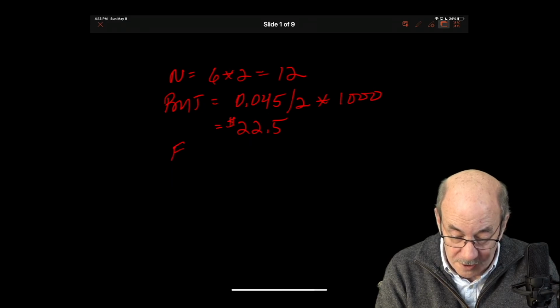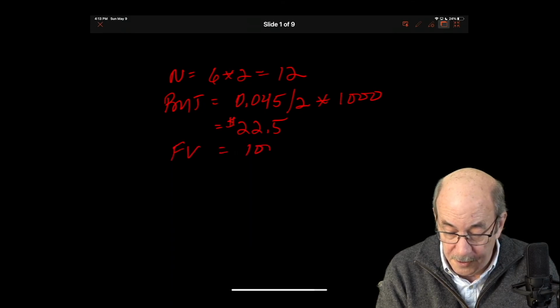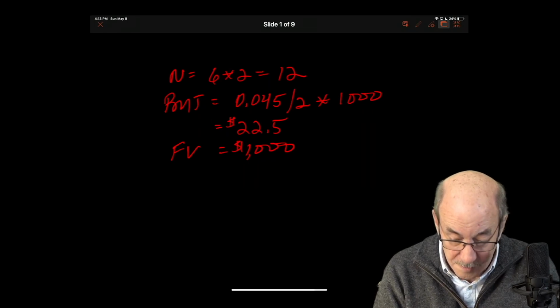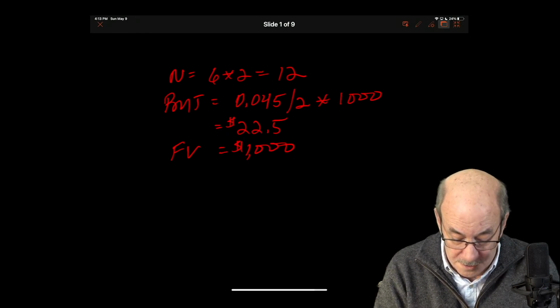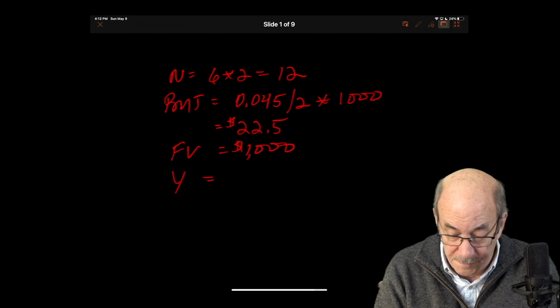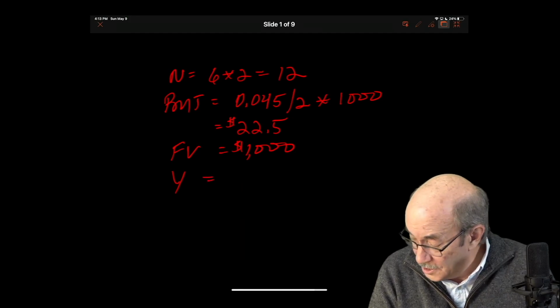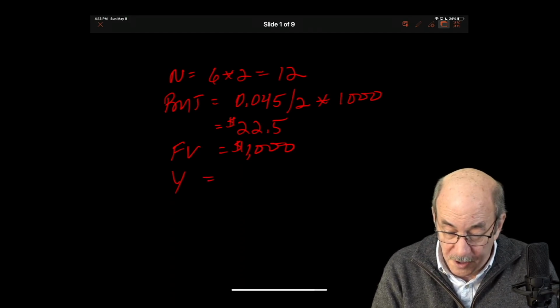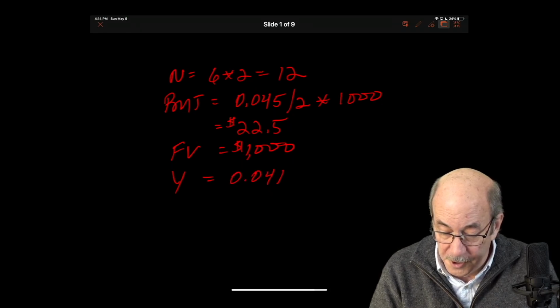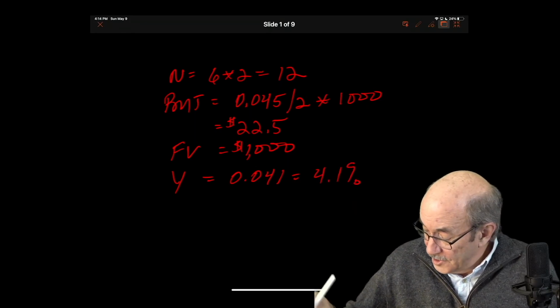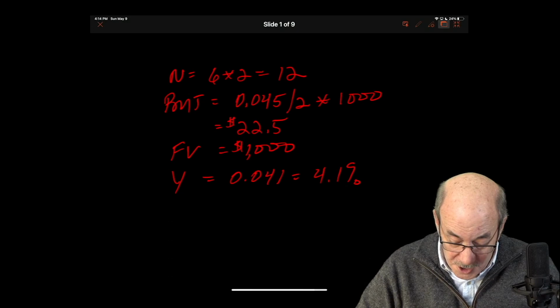My future value is 1,000, and my yield, or my Y here, is going to be 8.2 divided by 2, which would be 0.041 or 4.1%. And that should give me an answer here.